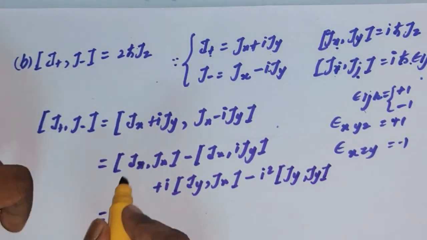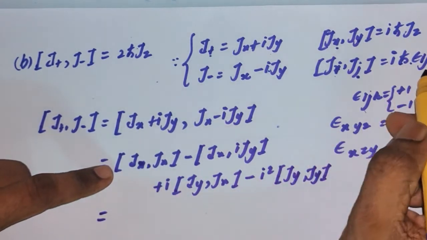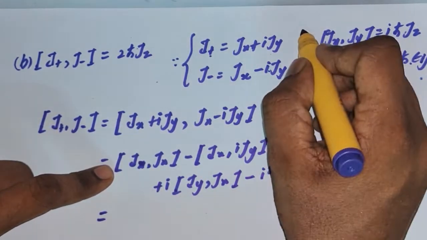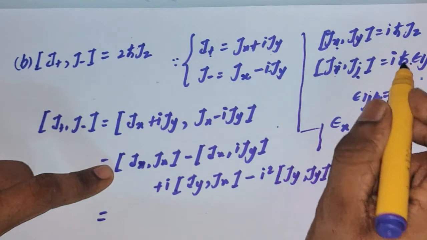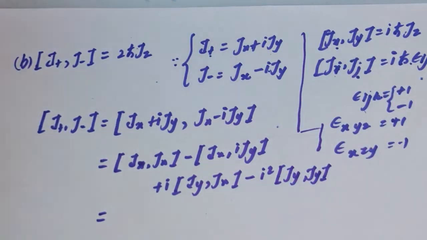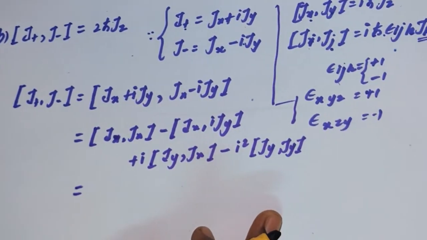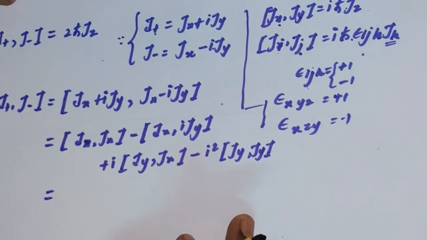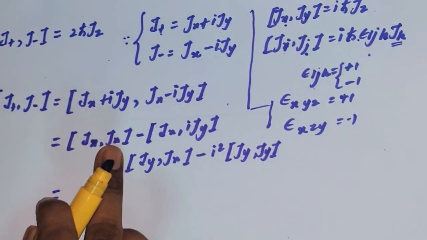Here we have [jx, jx]. We can use the Levi-Civita symbol to find the value for [jx, jy].